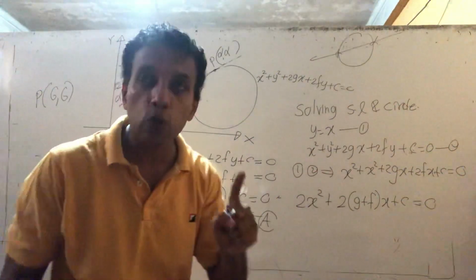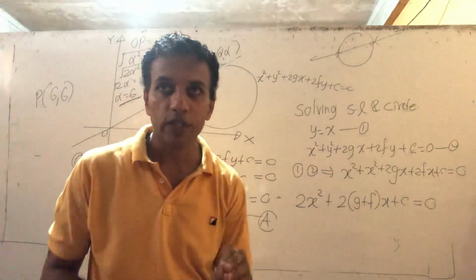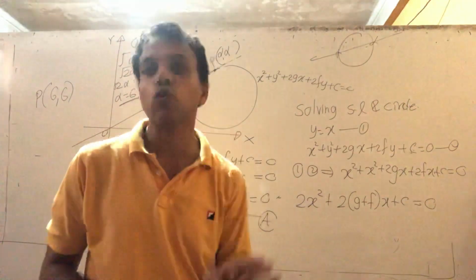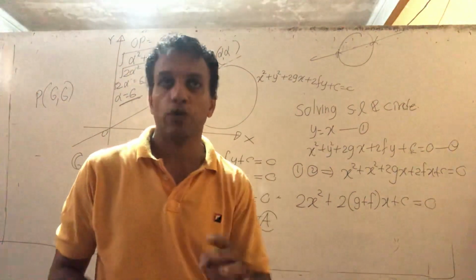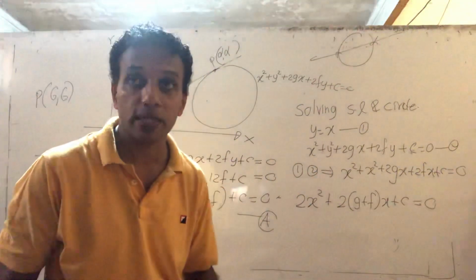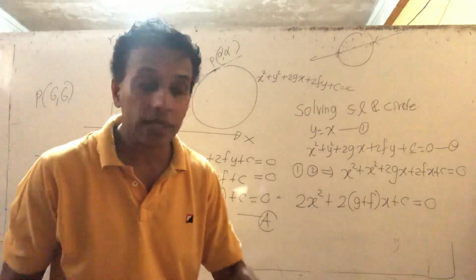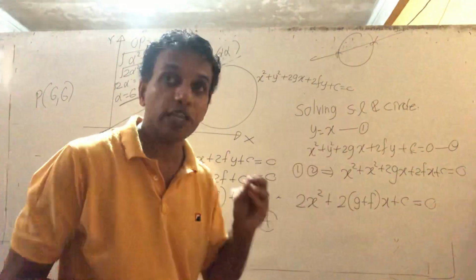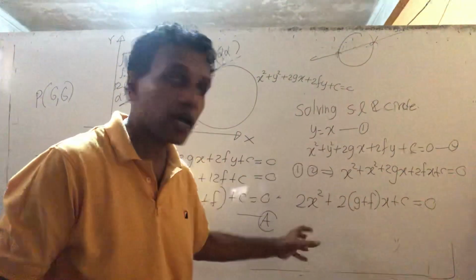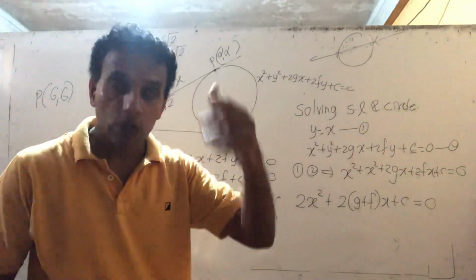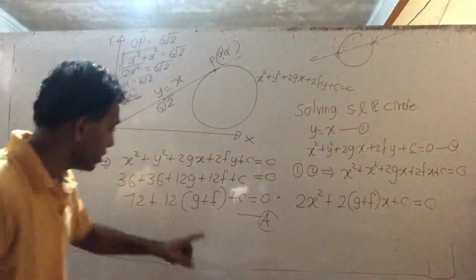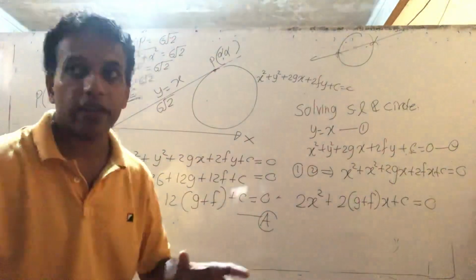Therefore only one solution for x, which means the two solutions are equal, like 5, 5 or 2, 2. Both are the same answer. When the answers are the same, its delta, its discriminant, becomes 0. So put delta 0, and you have the idea for g, f, c, so you can find the c answer.